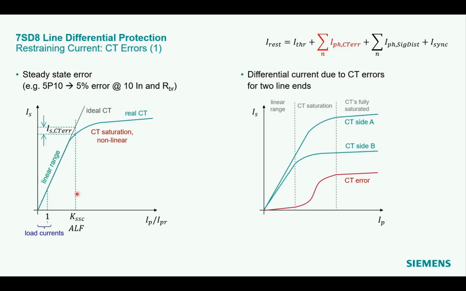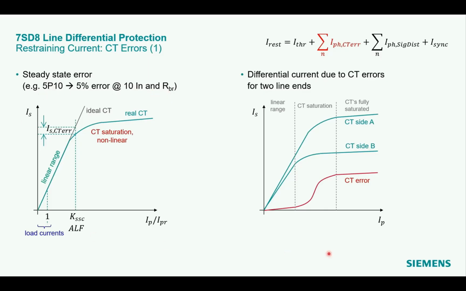This is defined by international standards as the factor KSSC or the accuracy limiting factor. For example, a CT of class 5P10 will have a 5% error at 10 times rated current and rated burden.